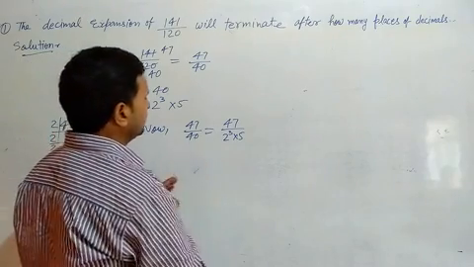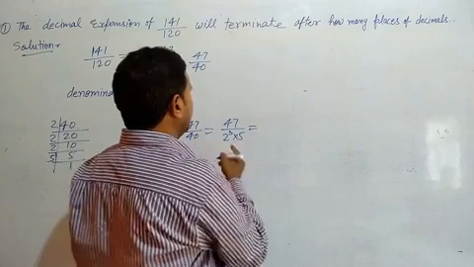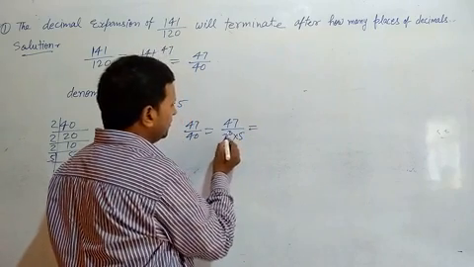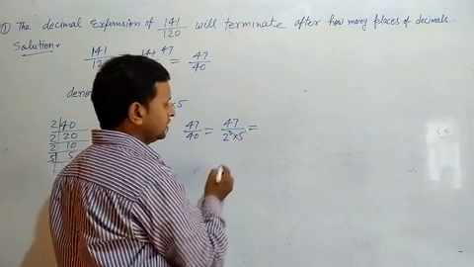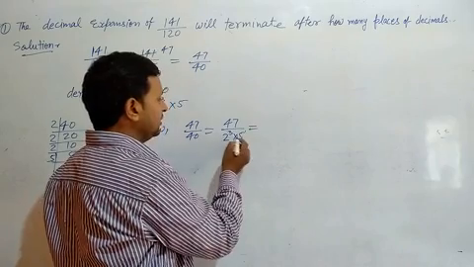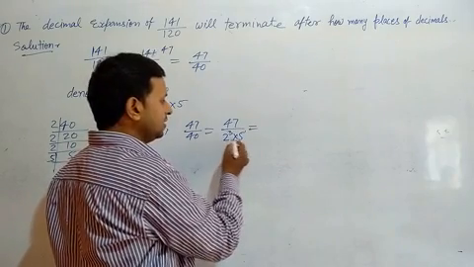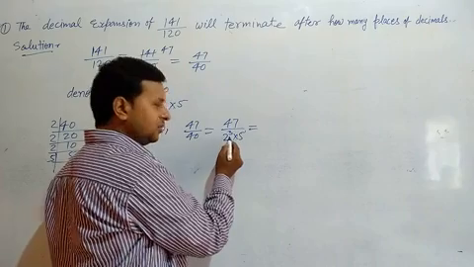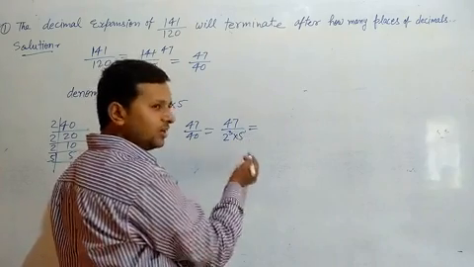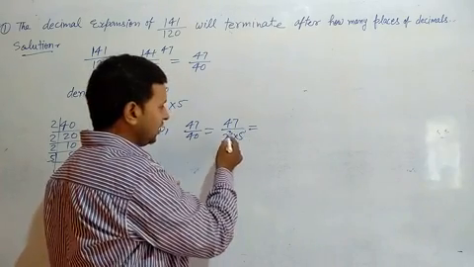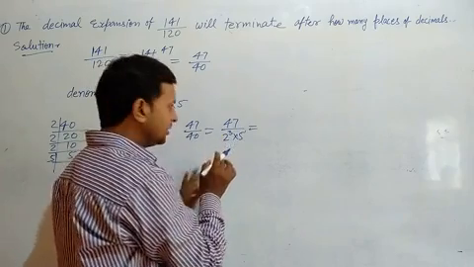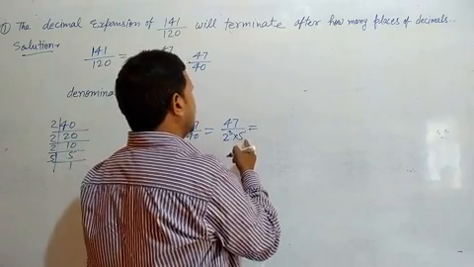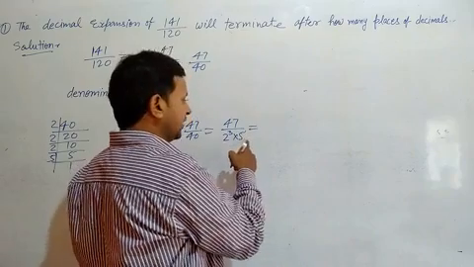How many tens? Here we have 2 cubed and only one 5. So 2 times 5 makes one 10. But here 2 appears 3 times, so we need 2 more 5s to make every pair a 10.